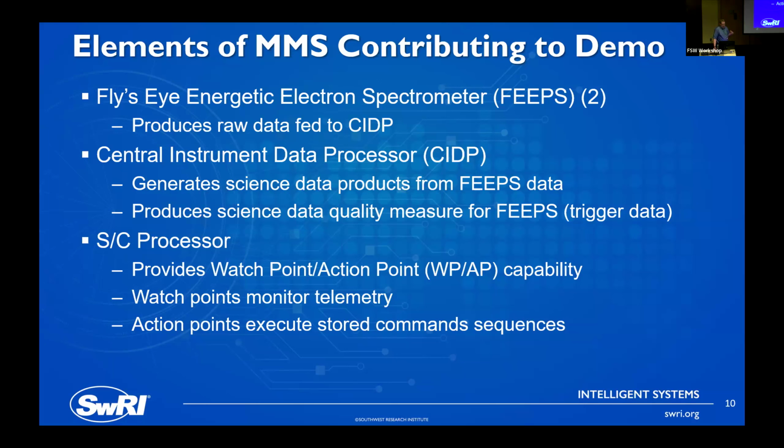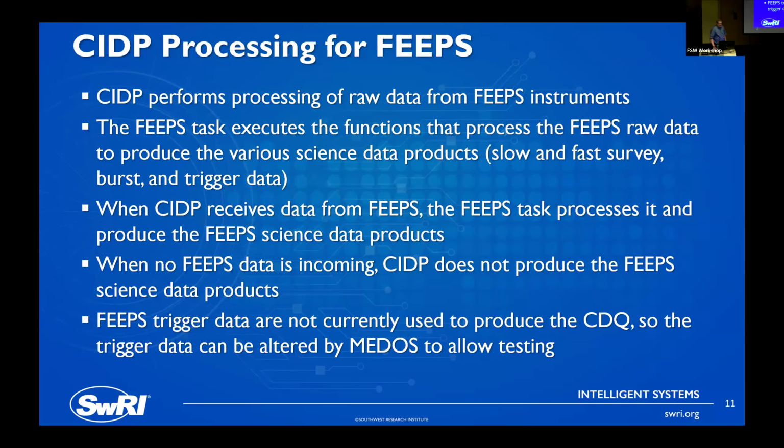That could trigger action on the spacecraft processor, which is a separate processor from the CIDP. And that could be done through the watch point, action point mechanisms that are already built into the flight software there. This talks about the CIDP. Again, the CIDP does the processing for FEEPS.